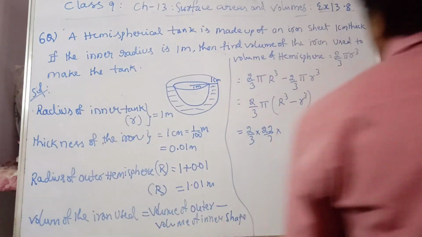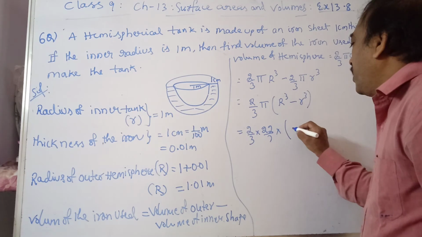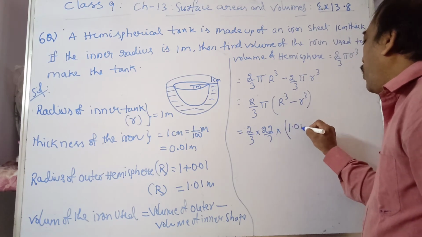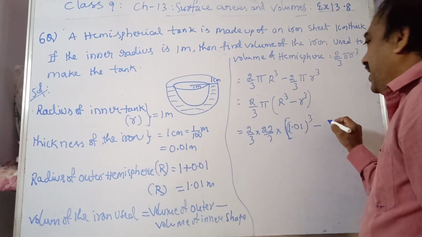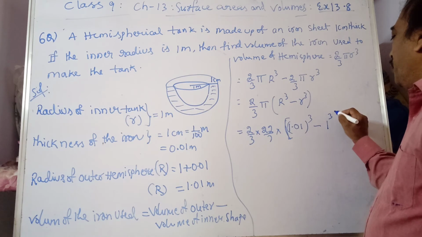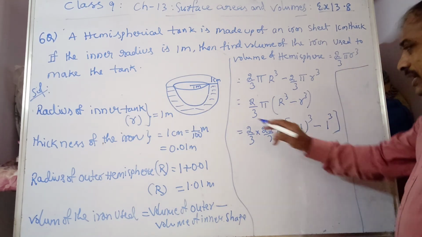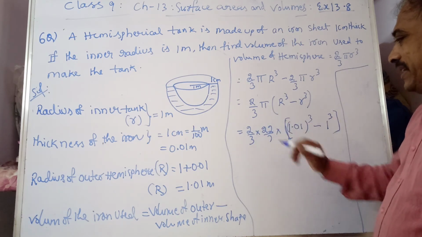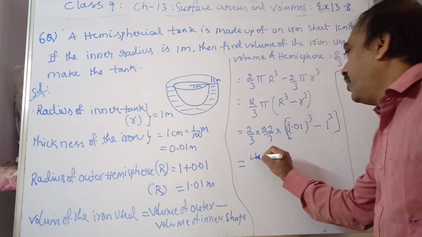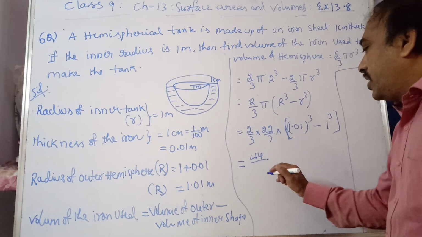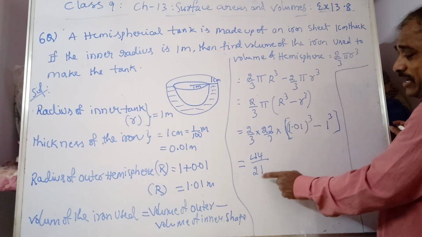So 22 by 7 into big R cube, where the radius is 1.01 whole cube, minus the inner radius 1 cube. Now you have to calculate this. 2 by 3 into 22 by 7 is nothing but 2 into 22, 44, by 3 into 7, 21.